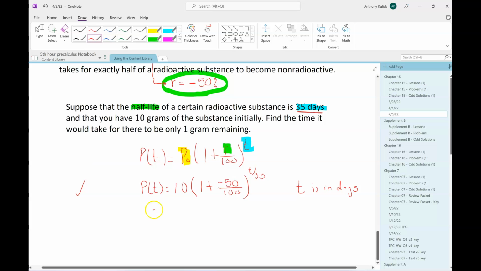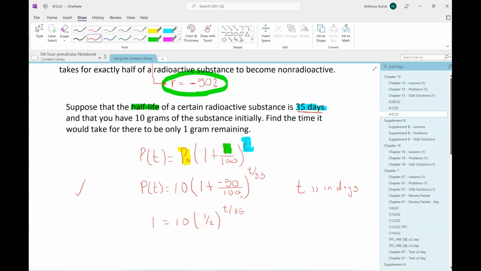That's the future amount of radioactive substance we have. Notice that 1 plus negative 50 over 100 is just going to be 1/2. And now this should look a little bit more like a half-life problem, right? With that 1/2 sitting there.